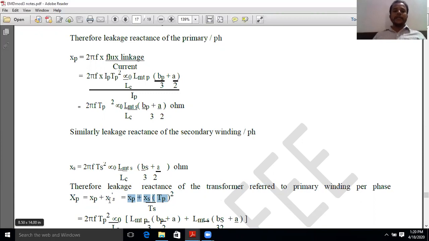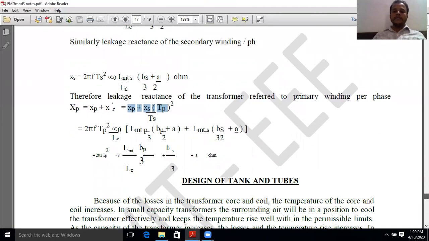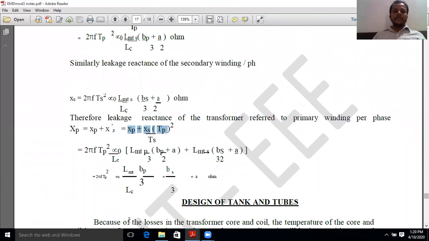So this is the secondary referred to the primary. Putting the values, we get the resultant. So this is the leakage reactance of the transformer referred to primary.